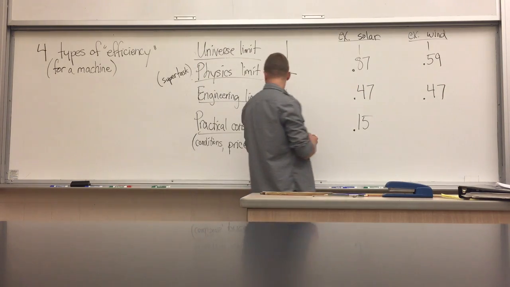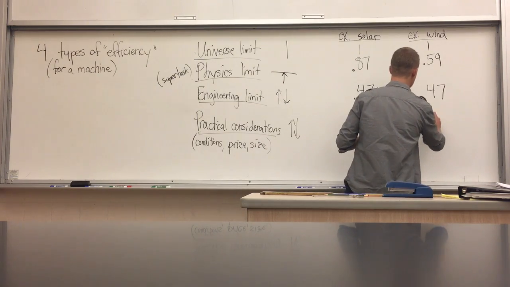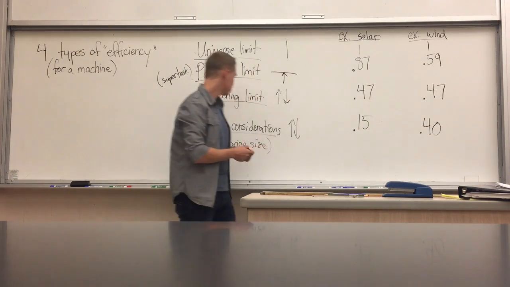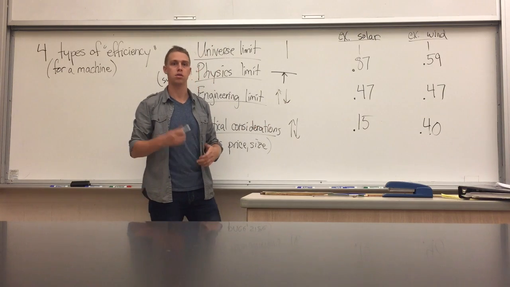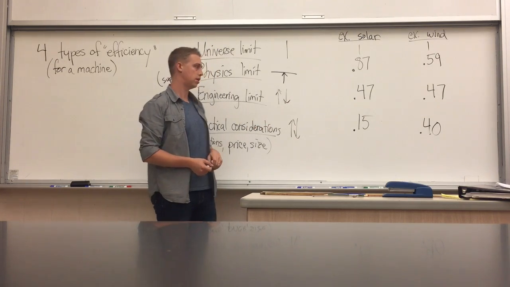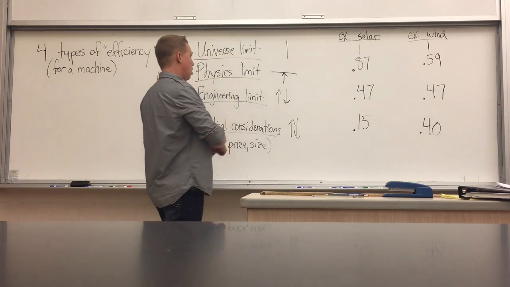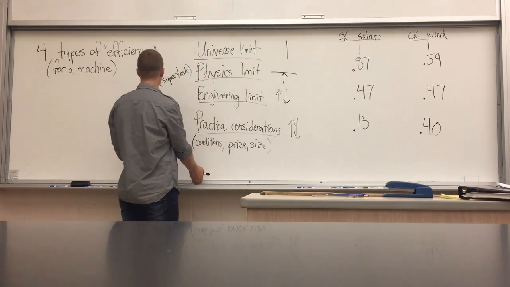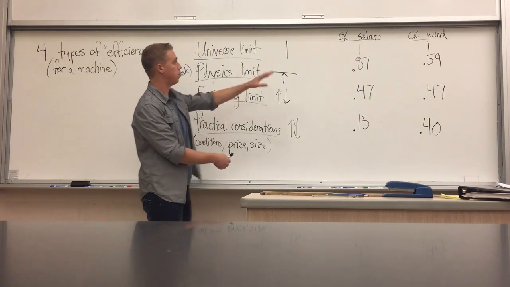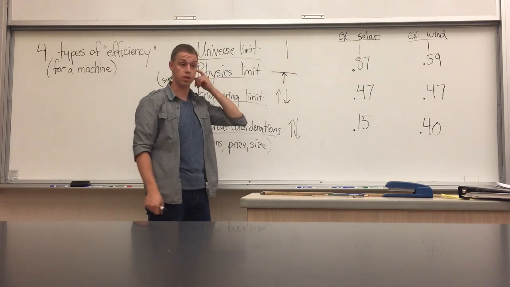And then with practical considerations, most wind farms right now are running at somewhere around 40% efficiency, just practically, okay? So that's kind of important to remember, that we have these different types of efficiency.